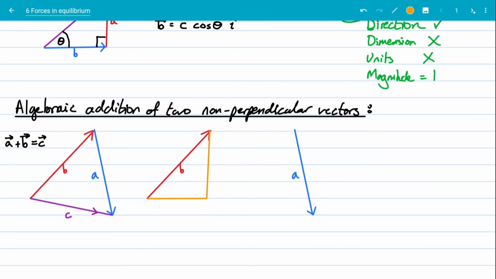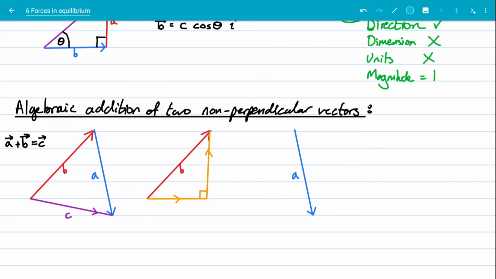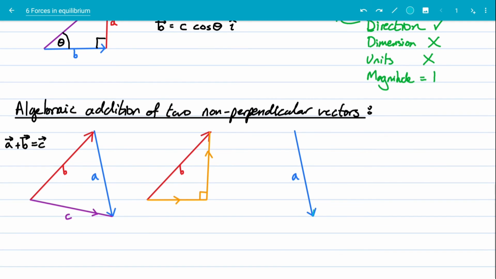So there's my horizontal and vertical component of B, and these are definitely right angles to each other. And let's do the same thing for A. I've got my vertical one first, and horizontal, it doesn't quite go far enough.